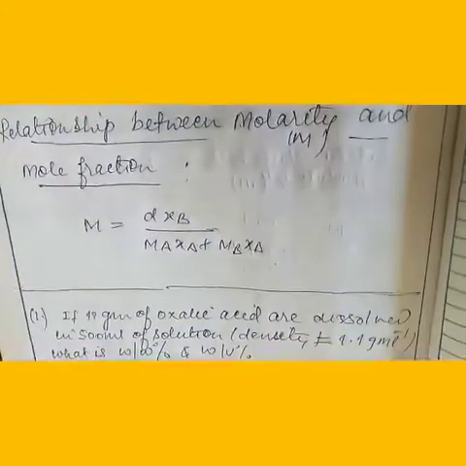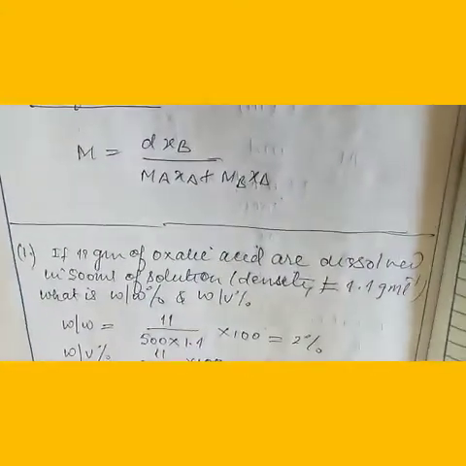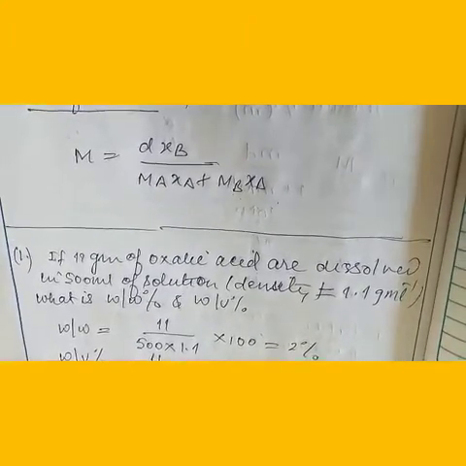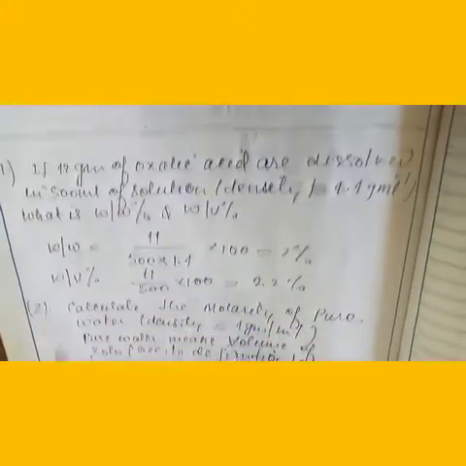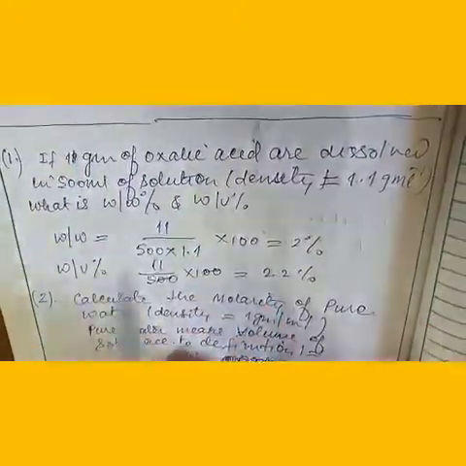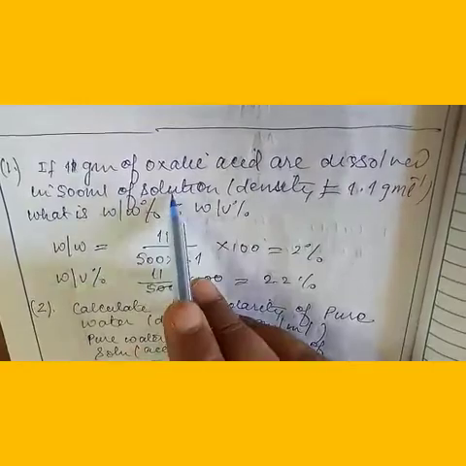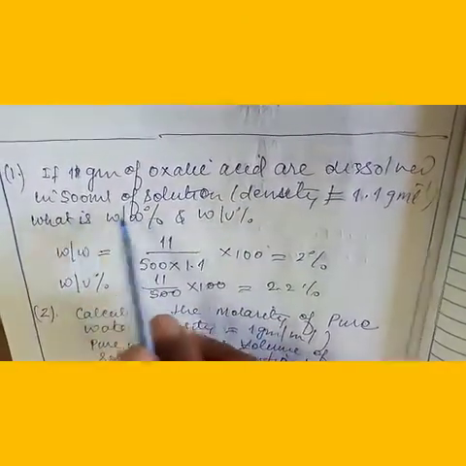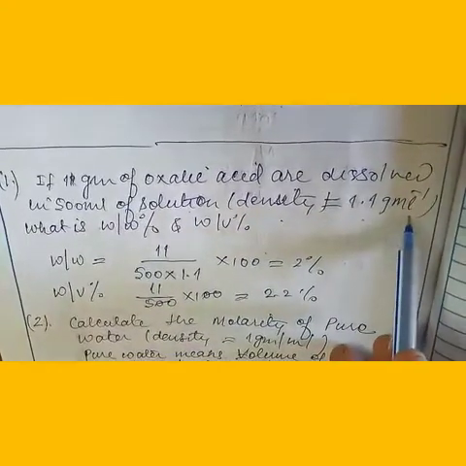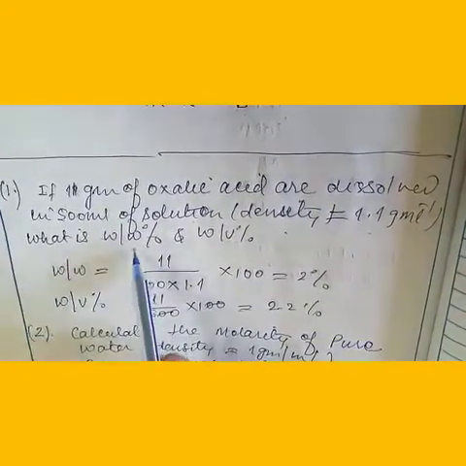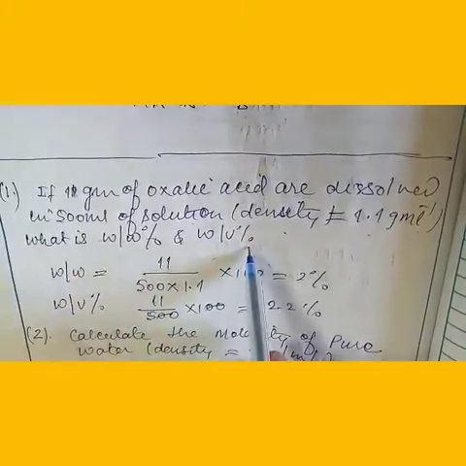Now after that we are coming to the numericals related to the above topics, the concentration of solution. The first question: if 11 gram of oxalic acid is dissolved in 500 ml of solution, density is 1.1 gram per ml, what is the weight/weight percentage and weight/volume percentage?